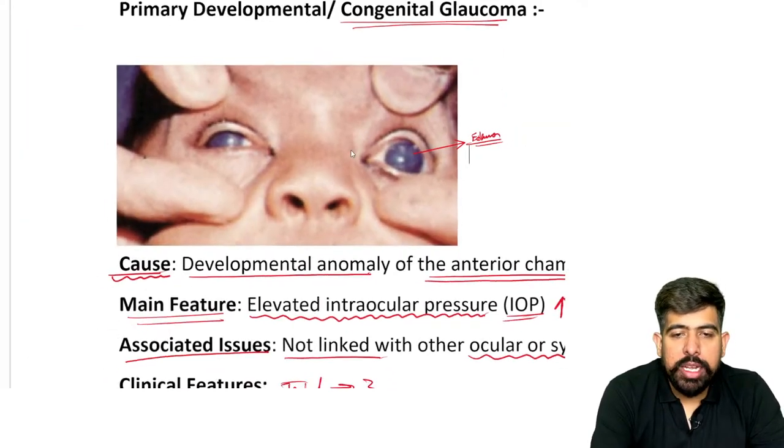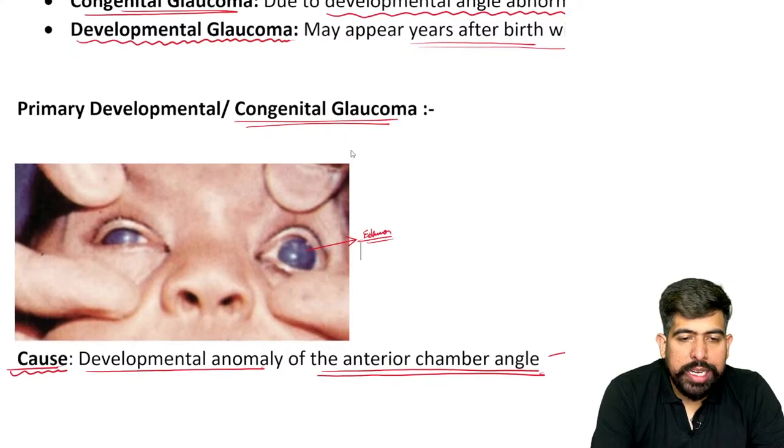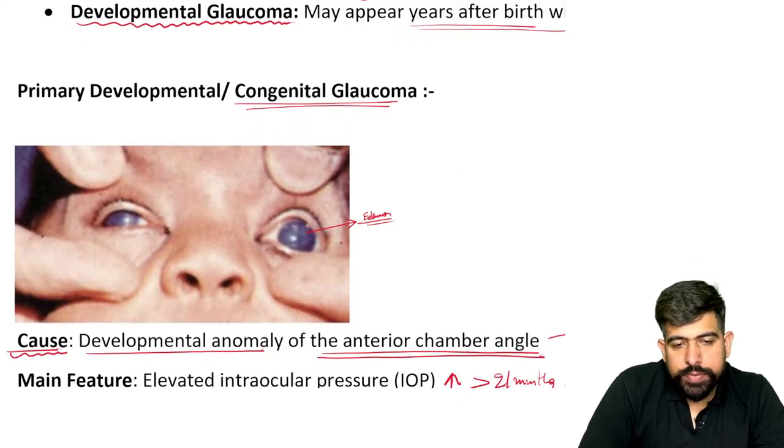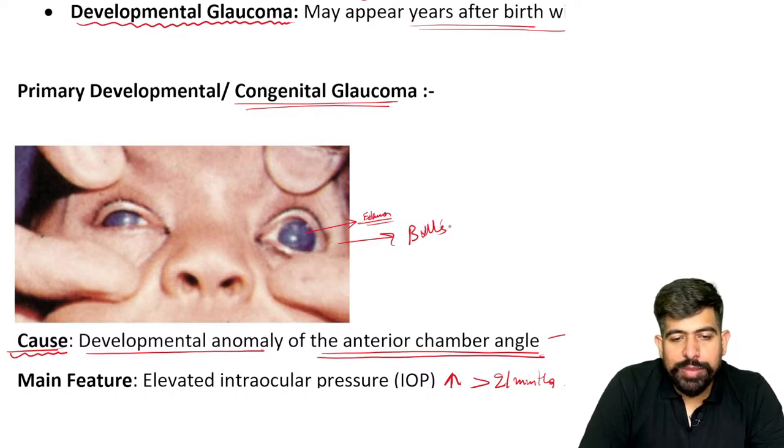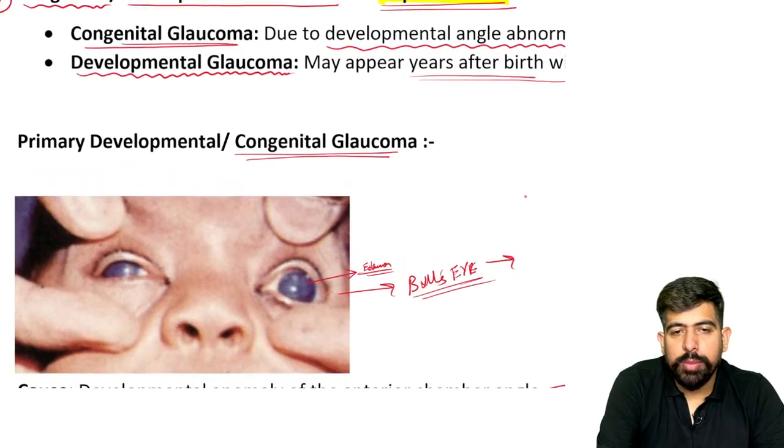It has the edema, and as it is enlarged, it looks like a bull's eye. It does not seem like a human's eye, it seems like a bull's eye, and that's why it is known as buphthalmos, right? As we talked about it, right? Buphthalmos. So what is buphthalmos?